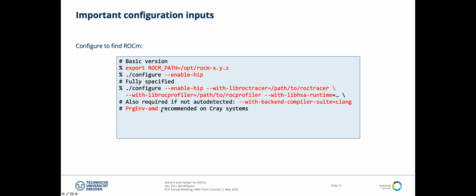We do recommend PrgEnv-amd on systems like Crusher rather than PrgEnv-cray right now. But they both should work, and we are working on making that as robust as we can.